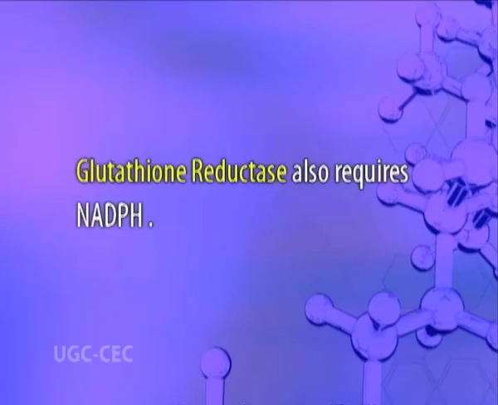This process can also control the pathway. Glutathione reductase also requires NADPH. The ratio of NADPH to NADP+ is normally about 100:1 in liver cytosol, making the cytosol a highly reducing environment. Thus, it can also regulate the pathway.